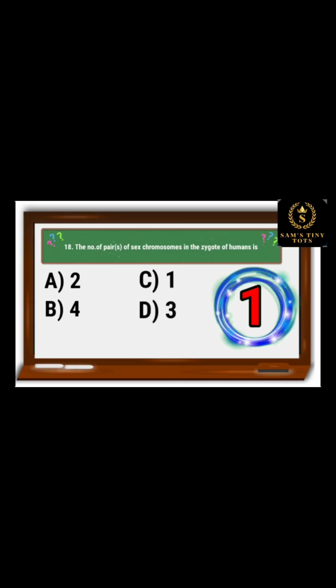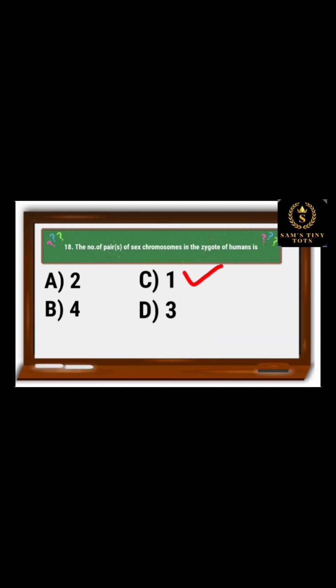The number of pair of sex chromosomes in the zygote of humans is option A, 2, option B, 4, option C, 1, and option D, 3. And the correct option is option C, 1.